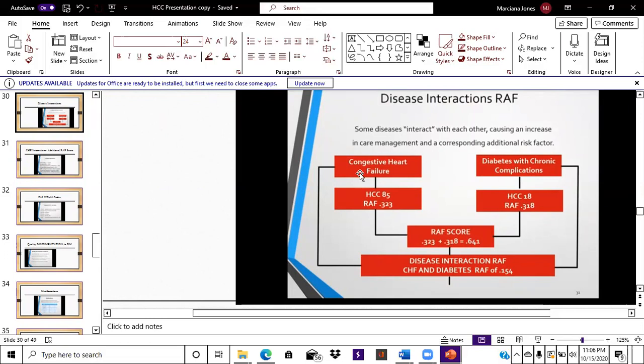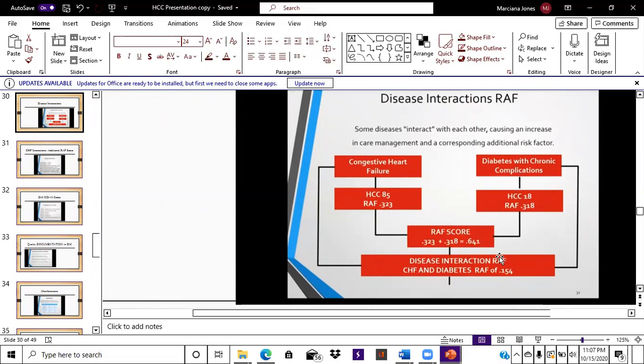Let's see. Congestive heart failure, HCC 85, RAF 2.323. So on this side, diabetes with chronic complications, HCC 18, 0.318. The RAF scores are totaled together, and it's going to equal 0.641.